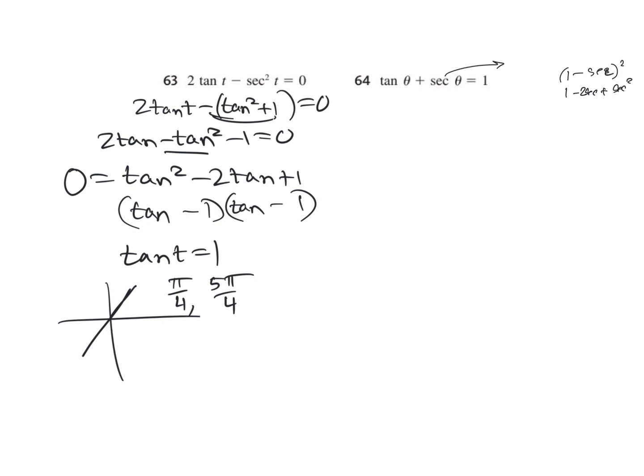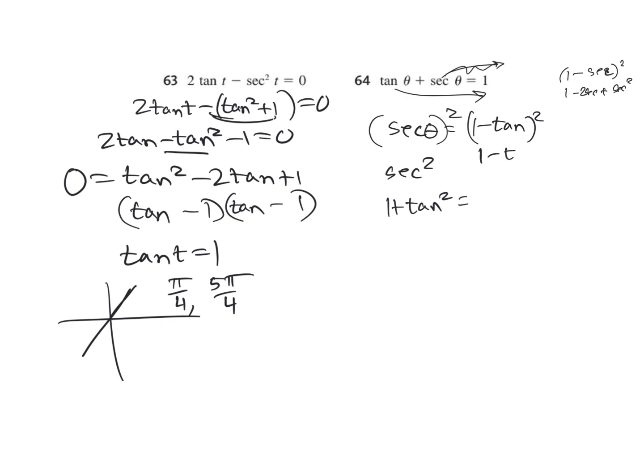So instead, let's move the tangent to the other side, and we get 1 minus the tangent. And if we square both of these sides, here we get secant squared, which is going to be 1 plus tangent squared. And on this side, we get 1 minus tangent plus tangent squared.